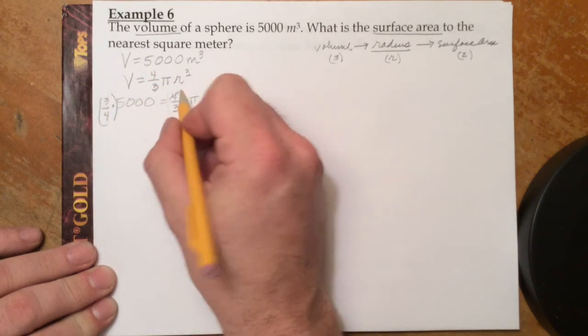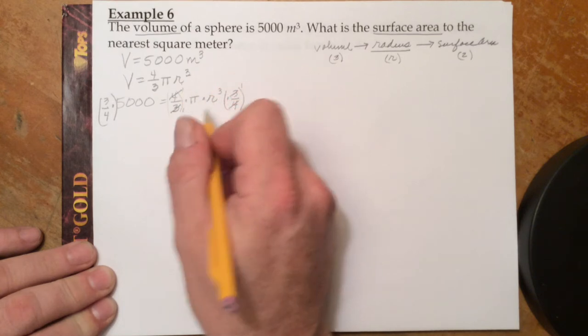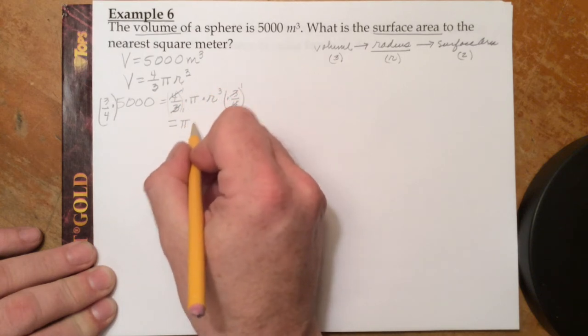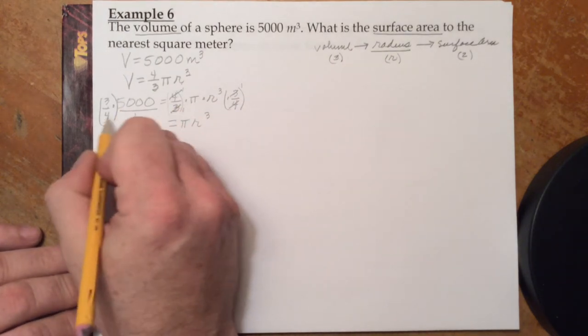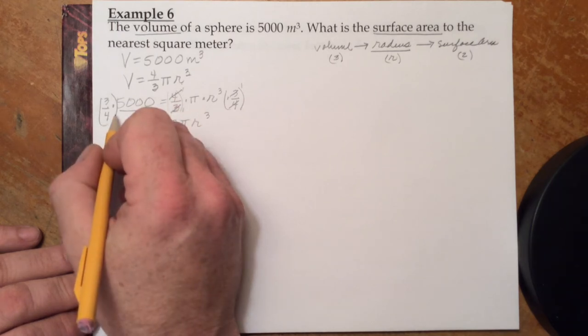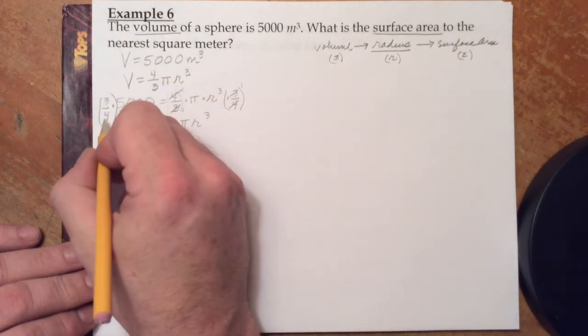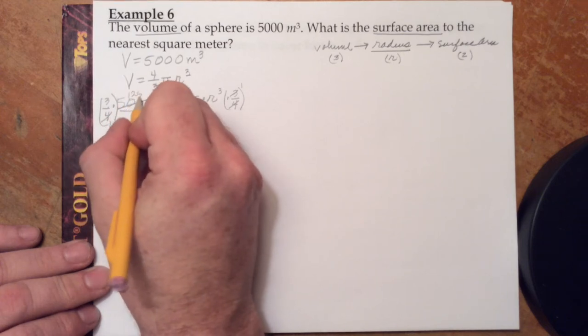On the right side, the 4's divide out, the 3's divide out, they're all 1's, and we're left with just pi r cubed. On the left side, 4 and 5,000 are both divisible by 4. And 4 goes into 4 once, 4 goes into 5,000 exactly 1,250 times.